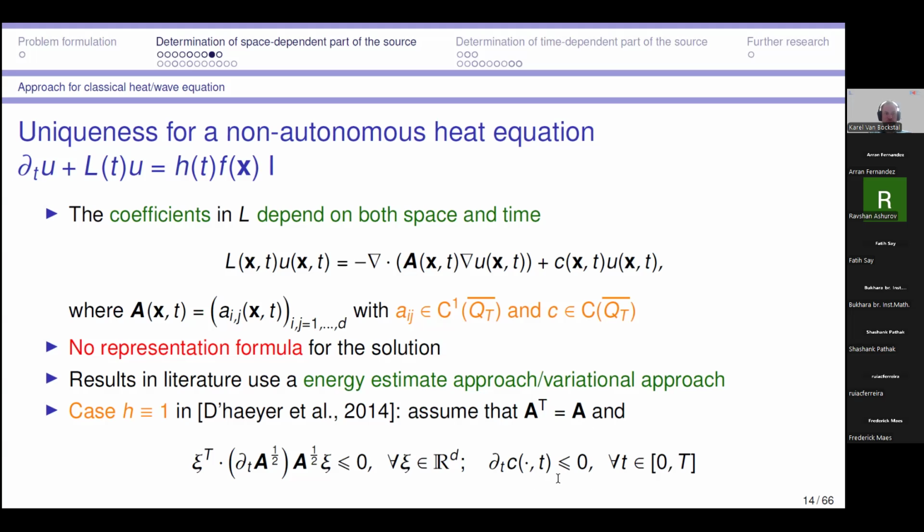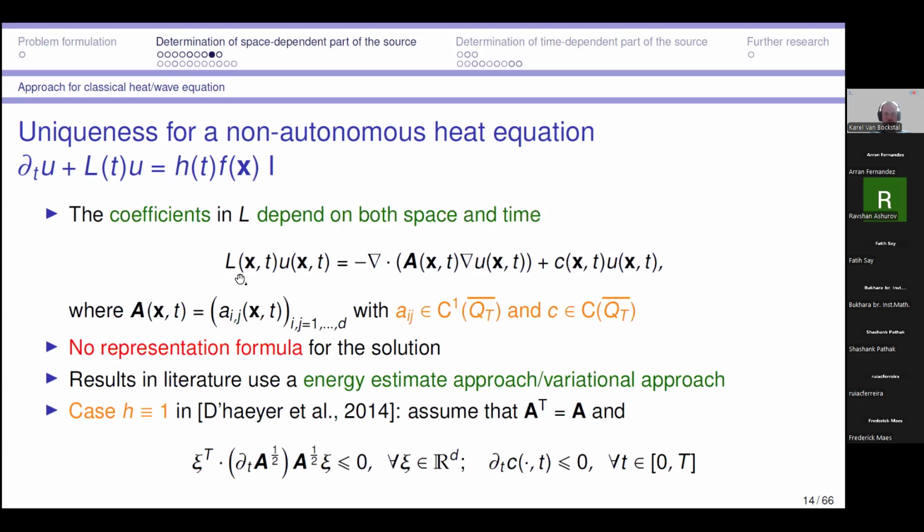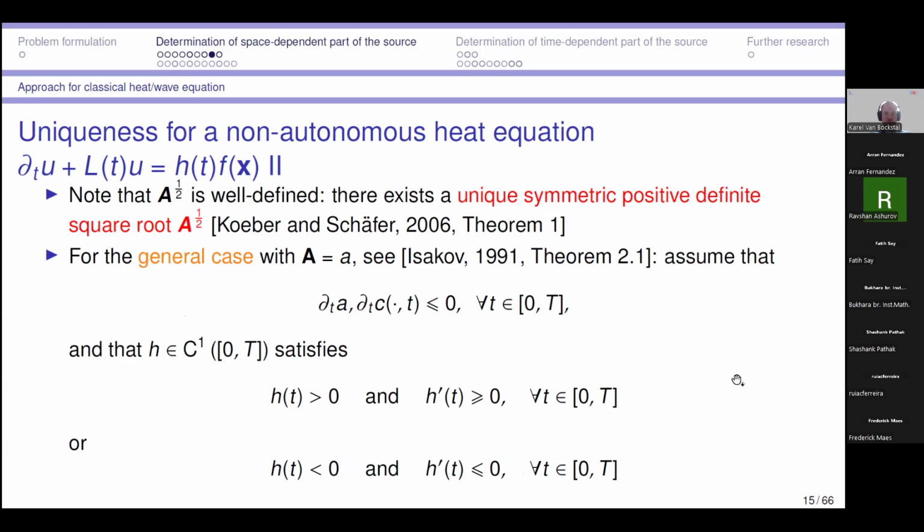Okay, so case h equal to 1. In the paper of Dyer, h was equal to 1, also already not for a tensor but for A equal to a scalar. It was already studied in the work of Isakov with these two conditions I mentioned.